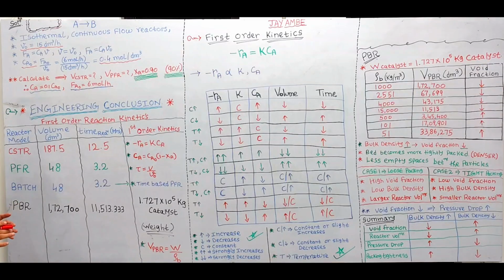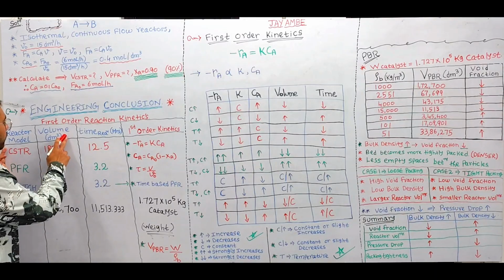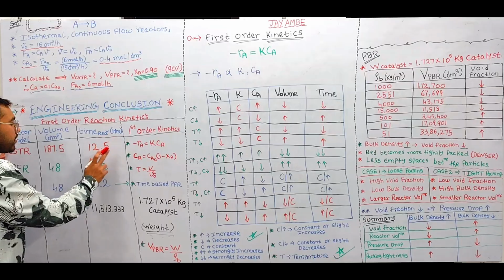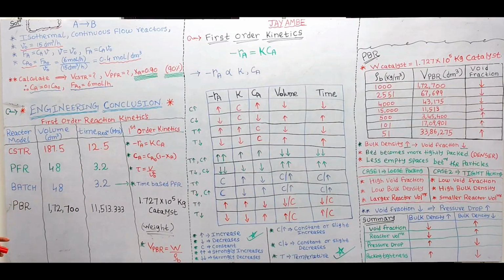So if I select CSTR as the reactor model, then in order to achieve the 90% conversion, we require 187.5 cubic decimeter volume of the CSTR and 12.5 hours of reaction time. Now in place of CSTR, what if I use a plug flow reactor?